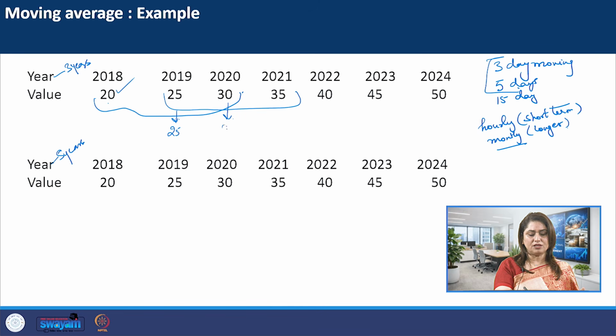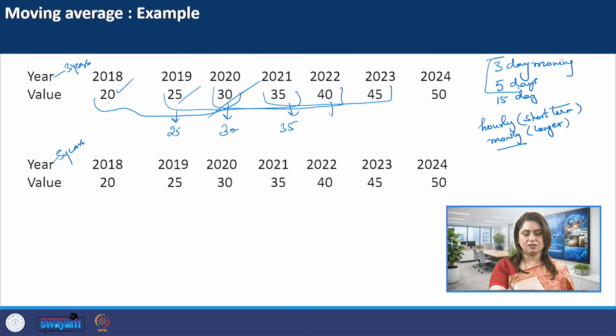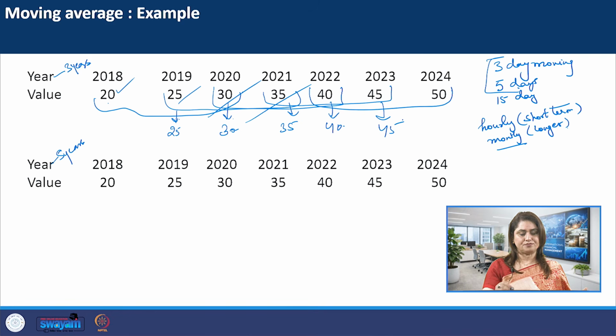What is the average that we are getting? 30. We leave the second one and we move on to the next 3. The average is 35. We leave the third one, move on to the next 3, the average is 40. We leave the fourth one, move on to the next 3, the average is 45.